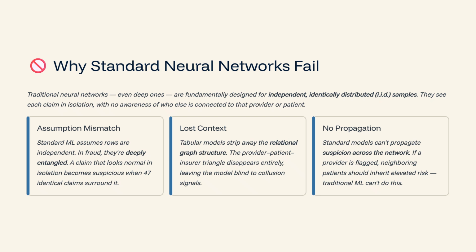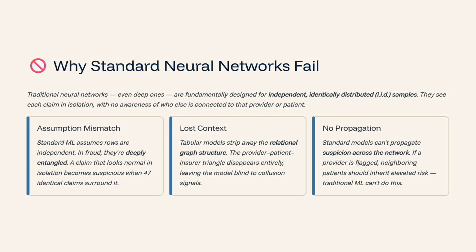That assumption is catastrophically wrong for fraud detection. First, that's an assumption mismatch. A claim that looks normal in isolation becomes highly suspicious when it's surrounded by 47 identical claims from the same provider. A standard model can never make that connection.